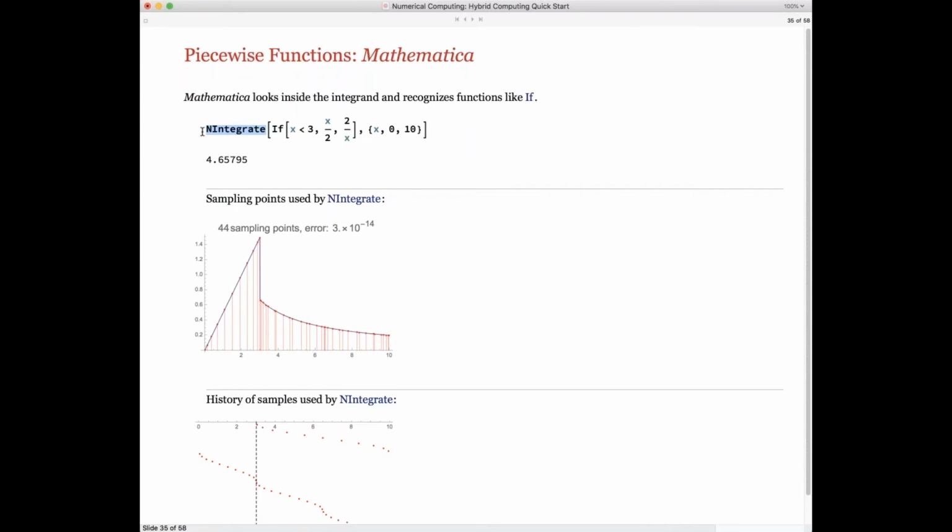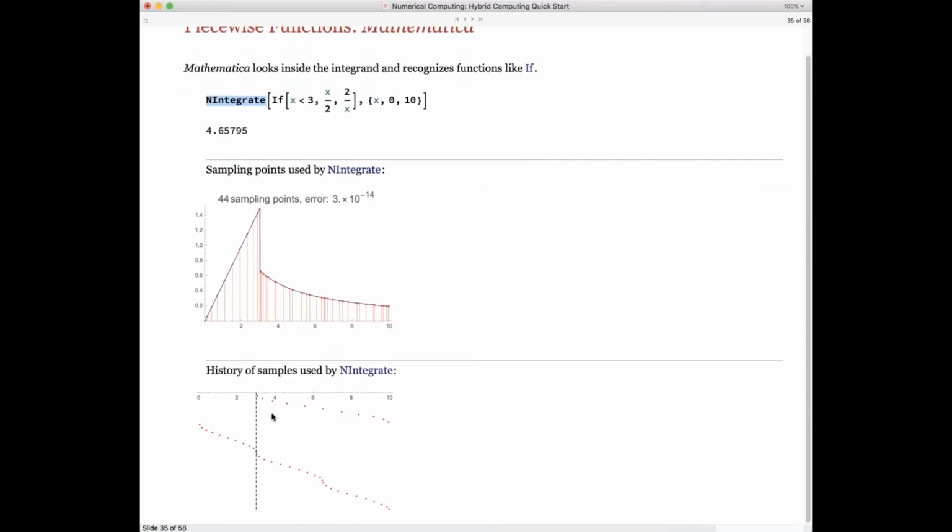The structural dependence condition x less than 3 is detected because we have access to symbolic structure. And NIntegrate uses this information to split the integral at x equal to 3. Now on the resulting two subregions, the integrand is completely smooth, and in this case, general purpose integration rules are very efficient.